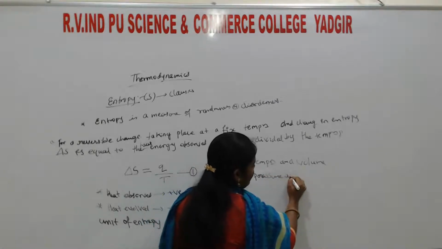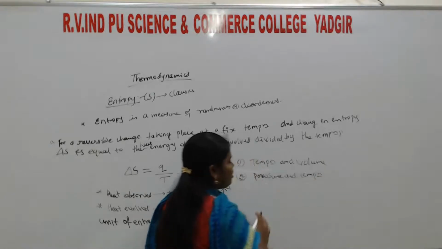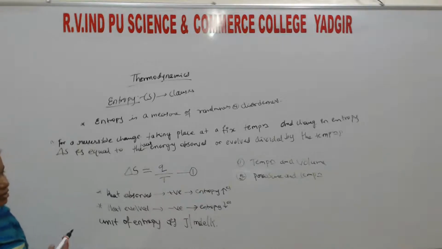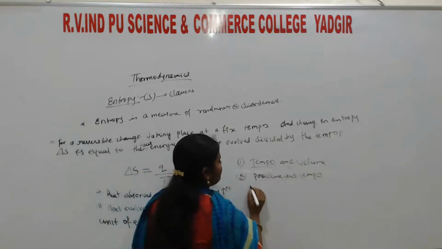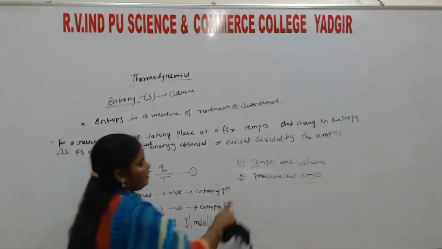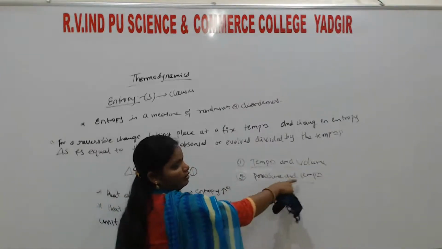When the entropy's variation takes place, it depends on these two factors. We will discuss the first one, the entropy change by temperature and volume, and afterwards the entropy change by pressure and temperature.